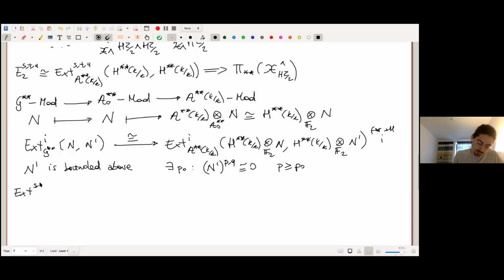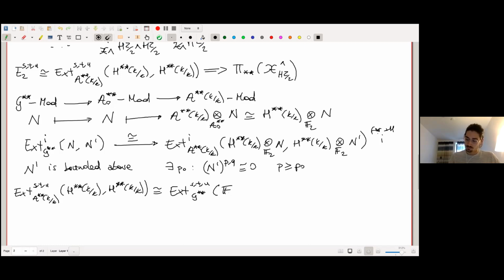Right, this is by this result. Now recall that this G is bigraded, but is actually spread on this sloped line.